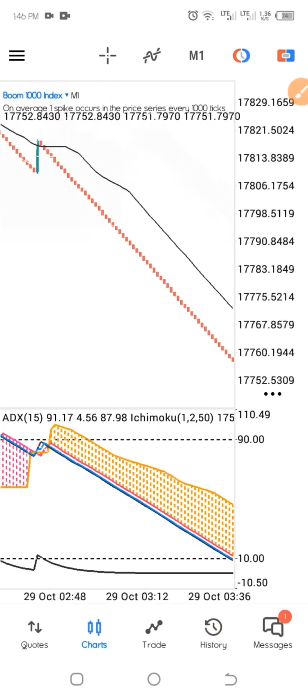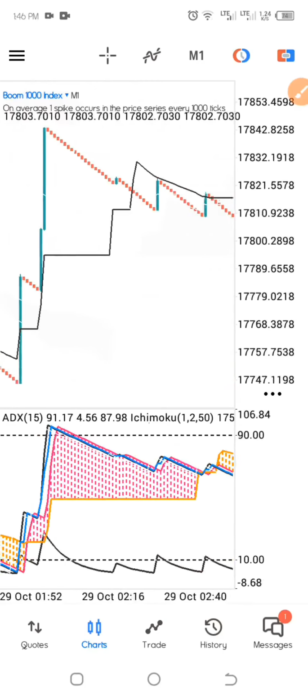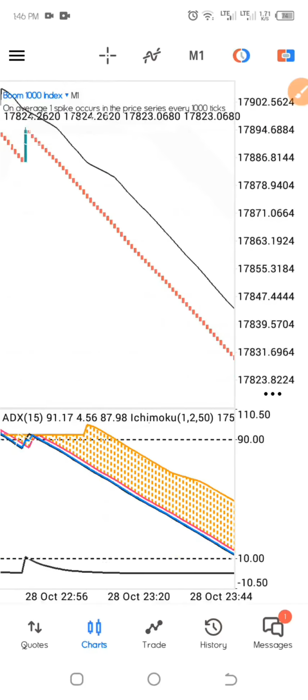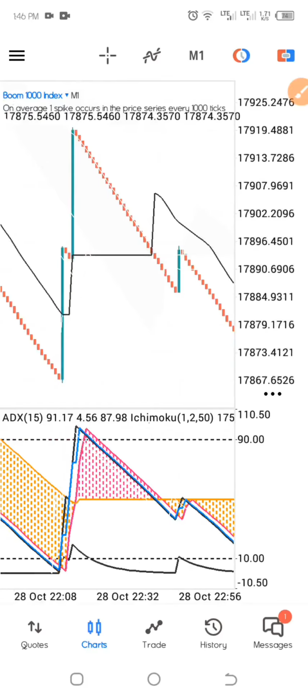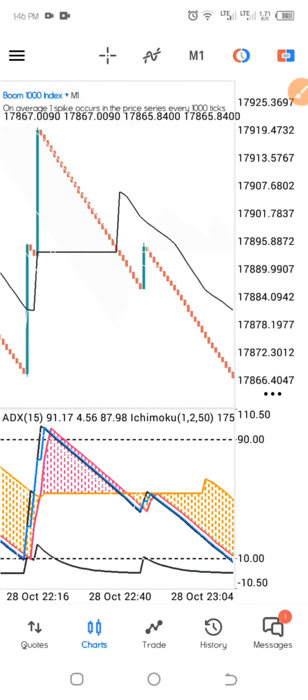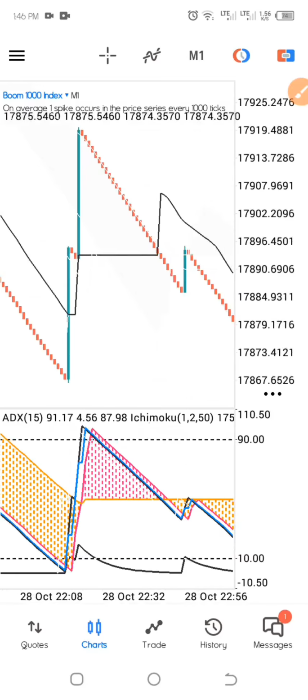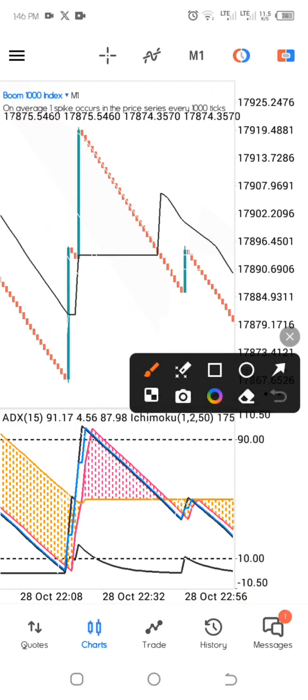The first thing to keep in mind is that whenever we are scalping, we always look for clean entries, meaning you are looking for a better opportunity to trade with. This is a trade right here that we consider taking. Whenever I want to take a sell trade, whenever I want to scalp, I firstly want to see the Ichimoku line come to the 90 level of the ADX, which happens right here.